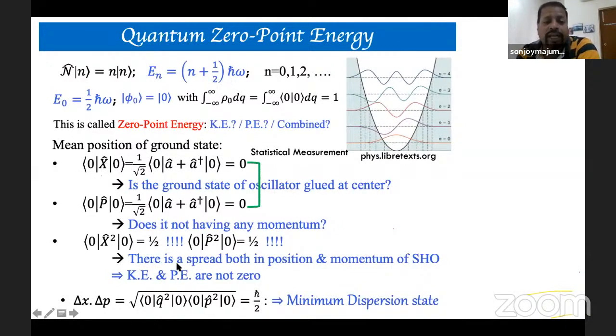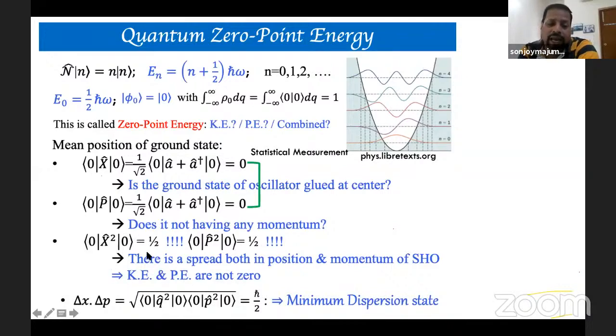This fluctuation of the energies, either in terms of momentum square or position square, is known as vacuum fluctuation. The vacuum fluctuation is nothing but the energy fluctuation at the ground state level. Because of this vacuum fluctuation you get the zero point energy, and you can understand this from the standard deviation relation.